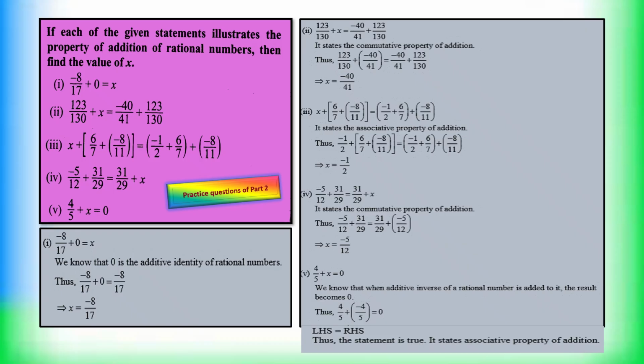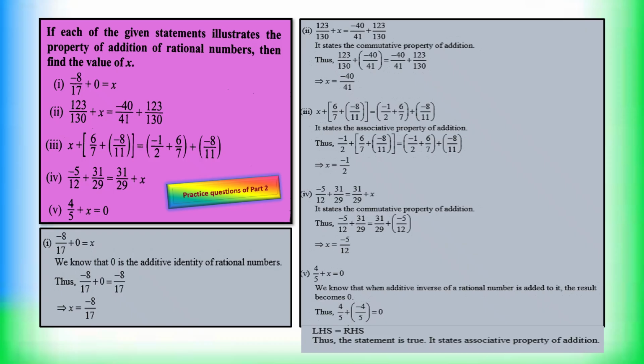So first, the missing number is there in the LHS and the other two numbers are 6 by 7 and minus 8 by 11. In the RHS, minus 8 by 11 is there, but the grouped number, 1 is 6 by 7 and 1 is unknown. So in the LHS, it is unknown. In the RHS, it is minus half. Therefore, obviously, the number is minus half. And we have to mention the property as we are using it. So it is associative property of addition of rational numbers.